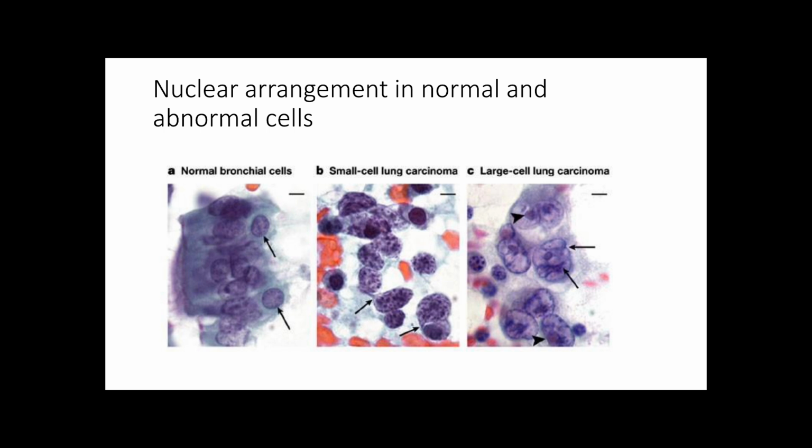But in the second figure, pictures B and C, the nuclear arrangement may vary. The first one is the normal cell, the second and third are carcinoma cancer cells. Look at this and compare the first figure with the second and third. The arrangement of the nucleus varies, right?